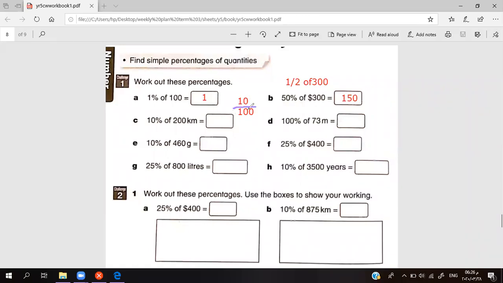Okay, 10 over 100, this 0 will go with this 0. So I will be left with 1 over 10. 10% is as if it is 1 over 10. So what do I do? 200 divided by 10. 0 goes with 0, so here it's going to be 20.